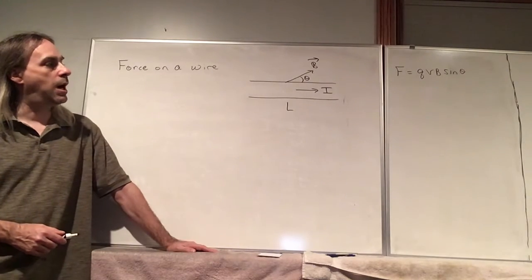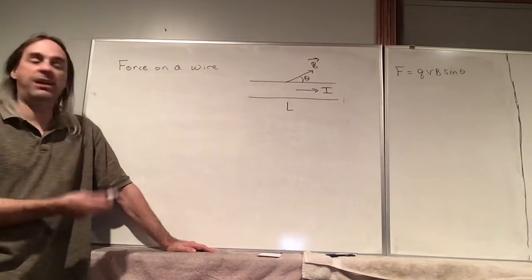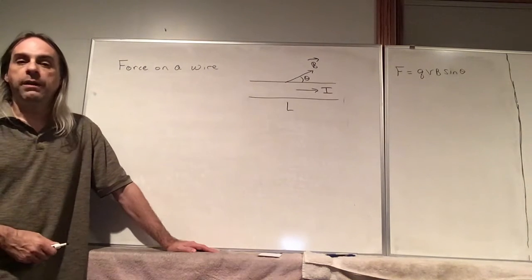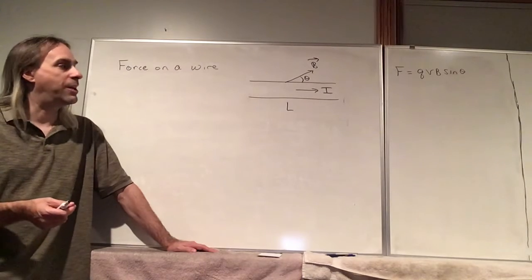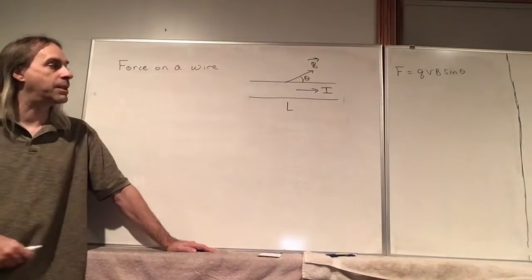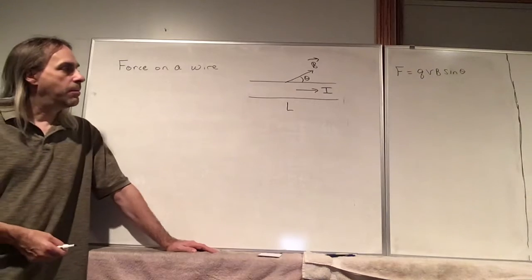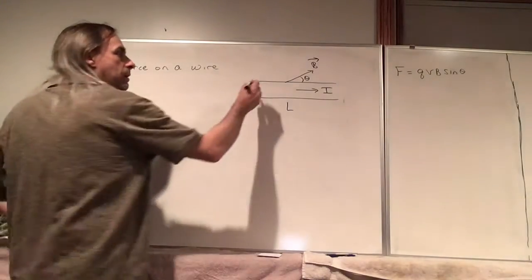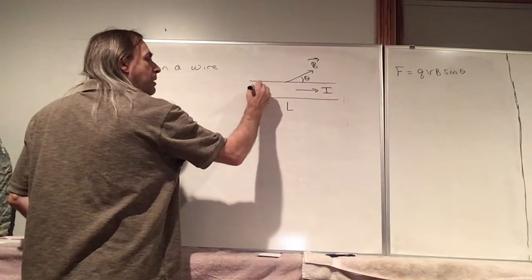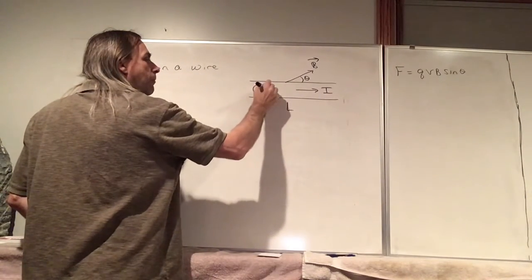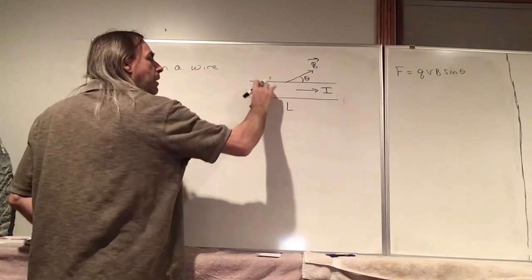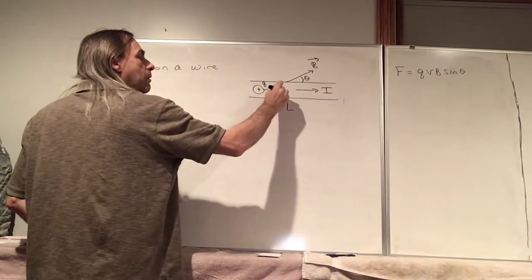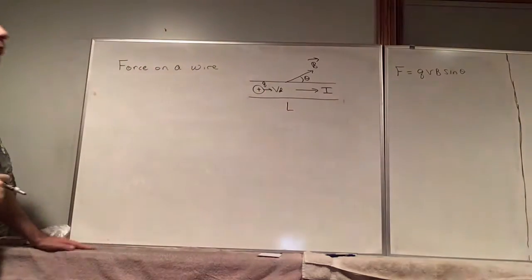And so we know that for an actual conductor, the moving charges are actually negative charges moving in the opposite direction of the current, but that's kind of irrelevant. Just to make our lives easier, let's say that the current consists of positive charges moving with the drift velocity.